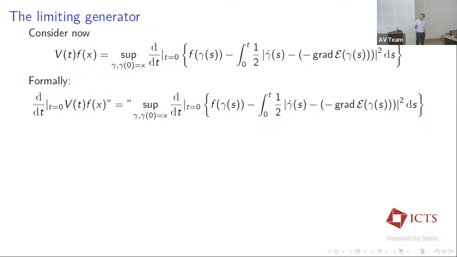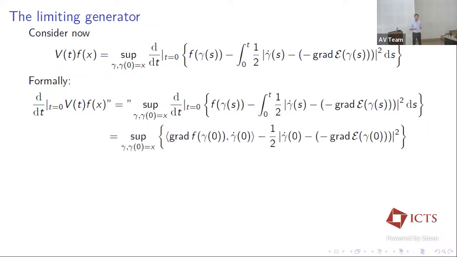Now, of course, the first term is simple because I get the gradient of f, and that should also be a t. Yes, thanks. So I get the gradient of f with gamma dot, and of course here I get whatever is inside in the final time. So I get this, and now I see that this only depends on gamma 0 and gamma dot 0. So this supremum is actually simply a supremum over speeds.